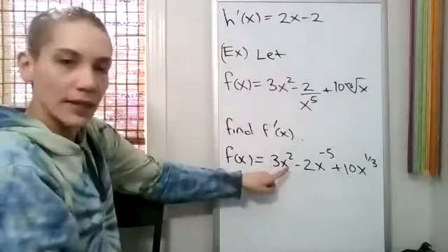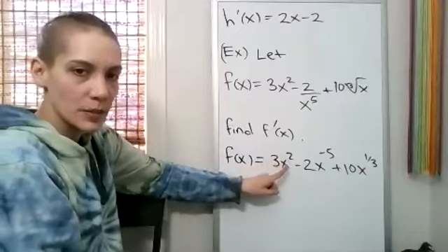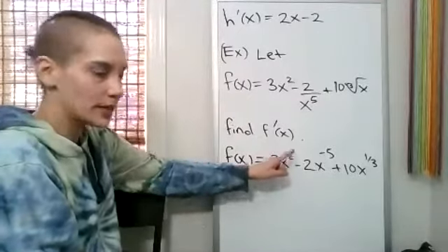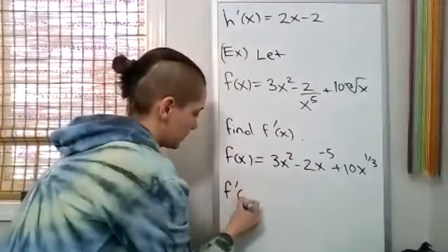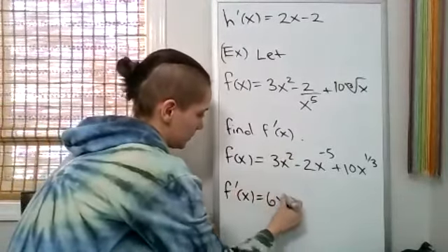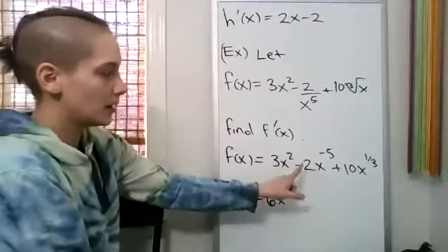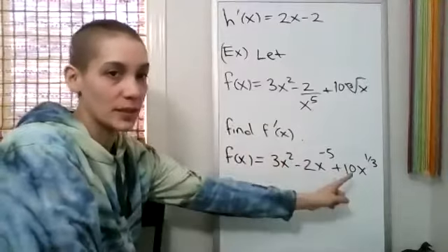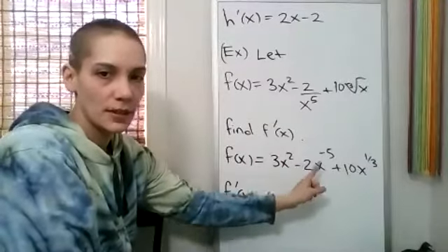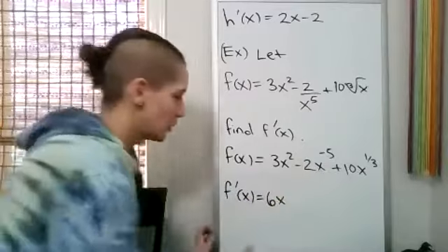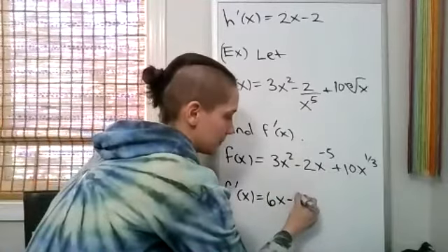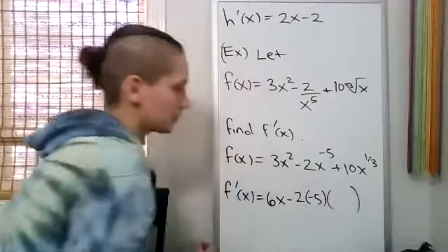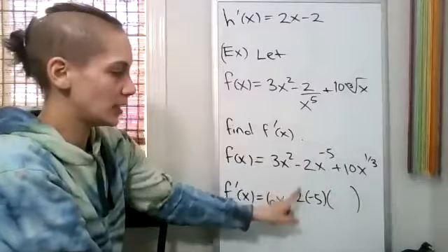First part here, we will do 3 times the derivative of x squared. So we'll have 2 times 3, x to the power 1. Okay. We'll put some of what's going on down. Negative 5 times negative 2, so it's negative 2 there.